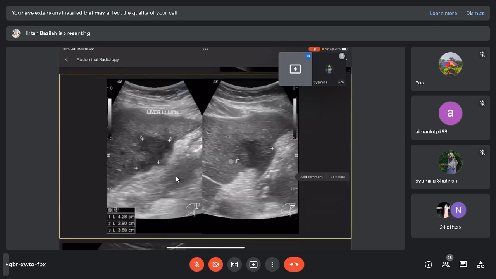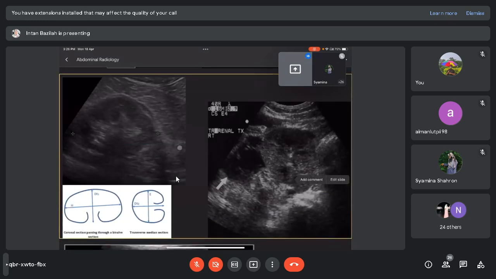Okay, so this is how a liver abscess appears on ultrasound. It appears hypoechoic and has an irregular margin like this. As compared with, for example, a cystic lesion, it will appear anechoic with well-defined margin.